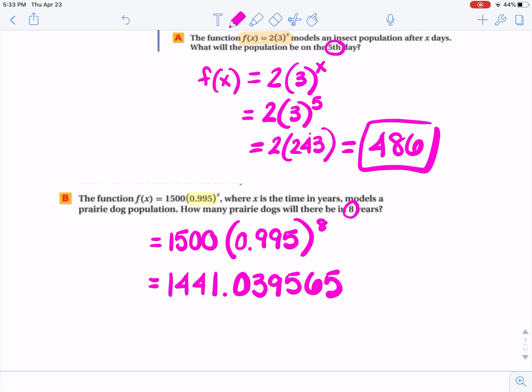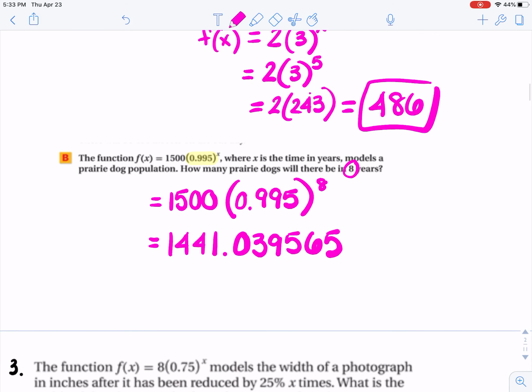Now, if you were a scientist and you had to give someone the total population of how many prairie dogs there are in this region, you can't give your answer as this decimal because that doesn't make any sense. Looks like there's 1,441 prairie dogs and like a prairie dog's leg somewhere. That miscellaneous leg that might have fallen off some prairie dog does not count as a whole prairie dog.